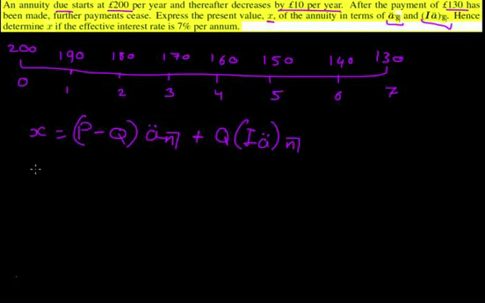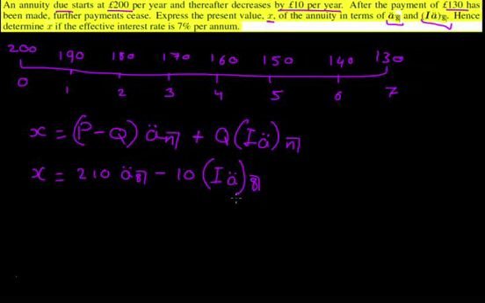So to rewrite it, x will look like 210 A due 8 minus, because this is a negative 10, 10 increasing annuity due 8. Okay, and then that's the first bit of the problem.